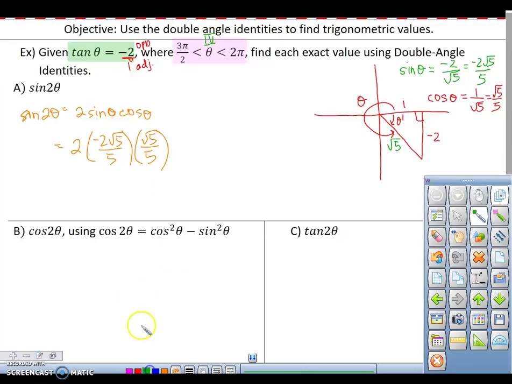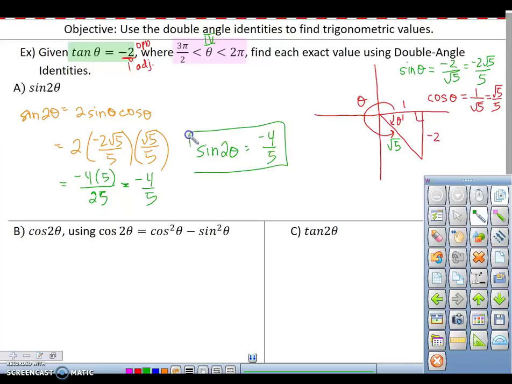So simplifying this, we would get 2 times negative 2 is negative 4. Square root of 5 times itself would be 5. So that gives us negative 4 times 5, and 5 times 5 is 25. You could reduce the 5 and the 25 or multiply and then reduce. Either way, you're going to get negative 4/5. So our sine of 2 theta is equal to negative 4/5.